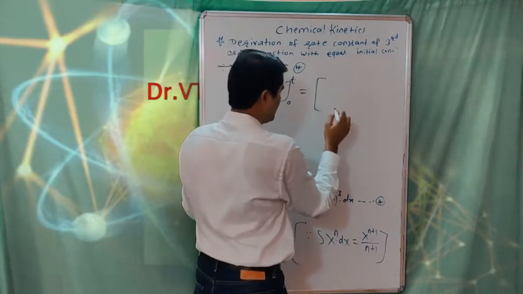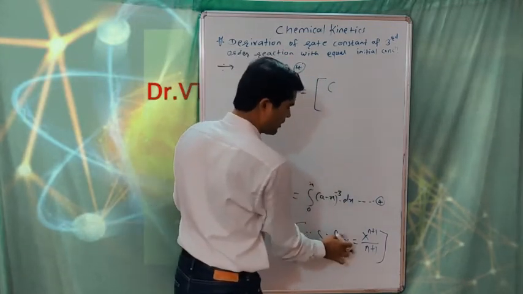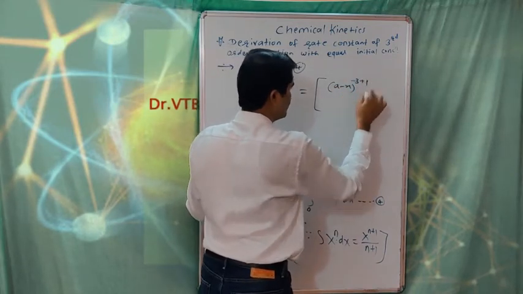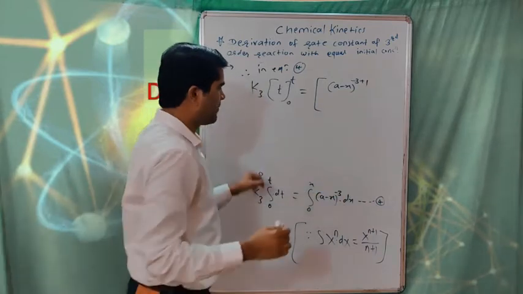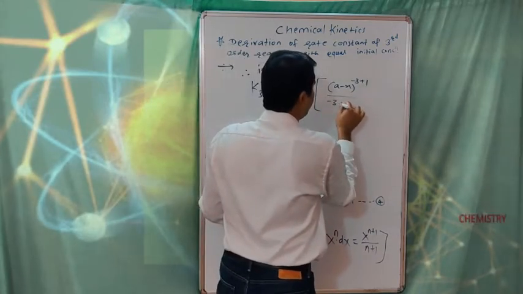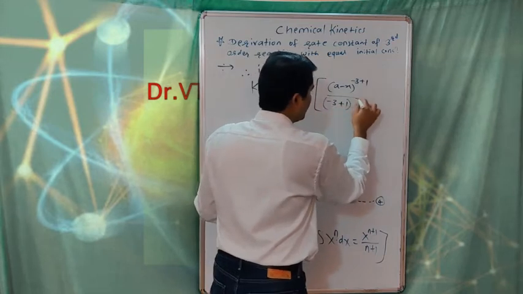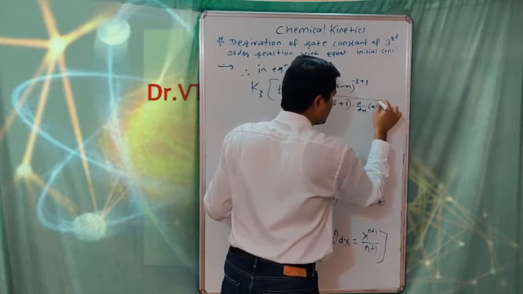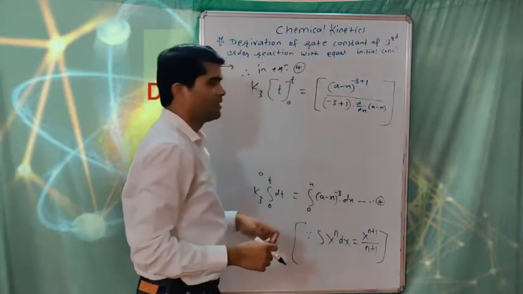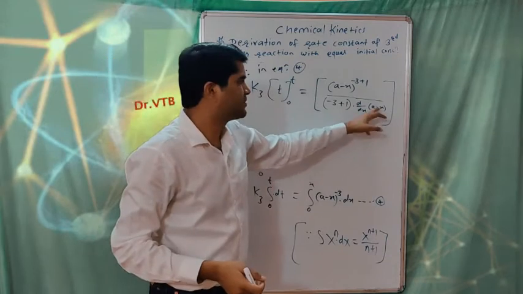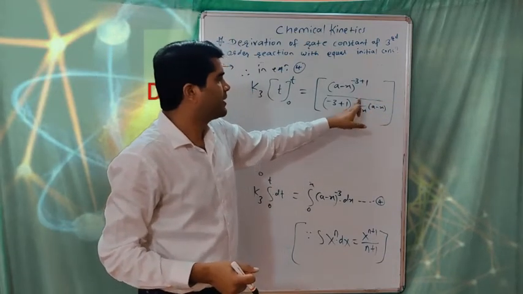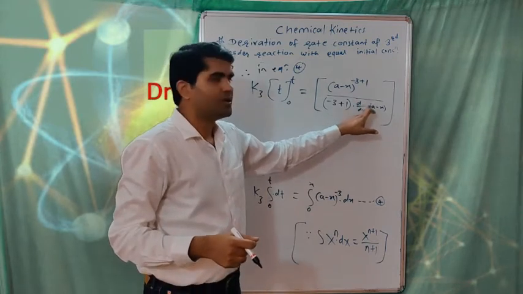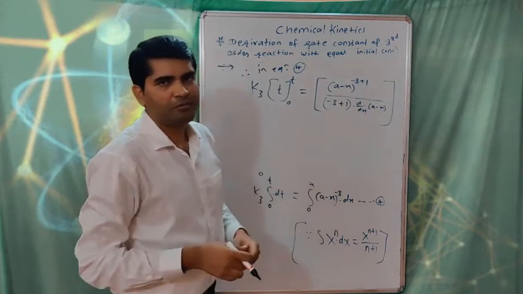There we are applying this formula. So (a minus x) raised to minus 3 plus 1, because n is minus 3, upon minus 3 plus 1. This is one part, into d by dx of (a minus x). This is important. If only x is there, it is not necessary to divide because the value is 1. But if a function like a minus x is there, in that case we have to divide by the derivative of that function.